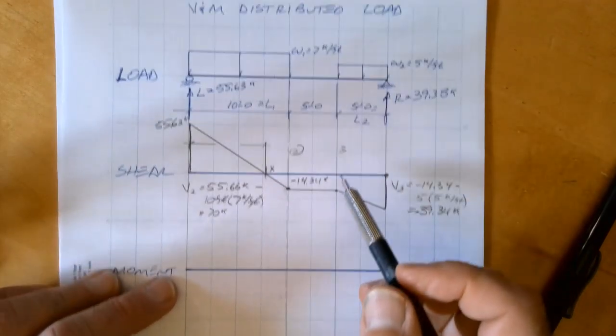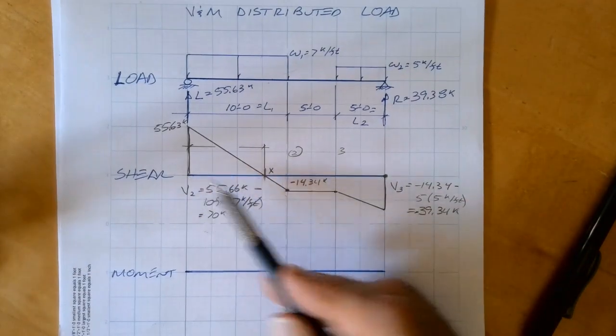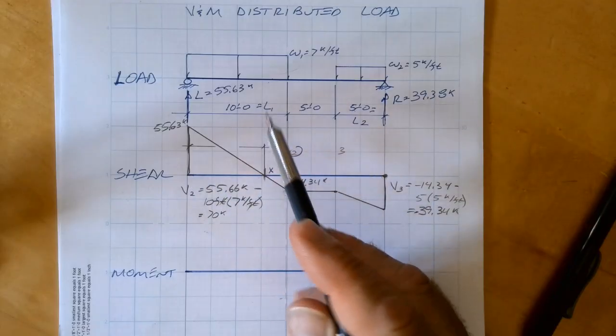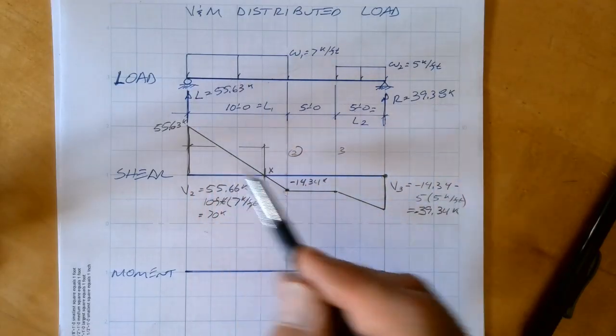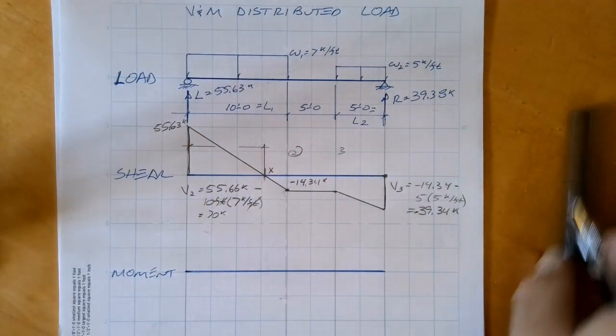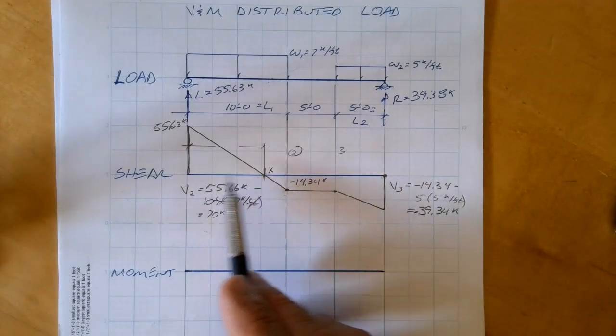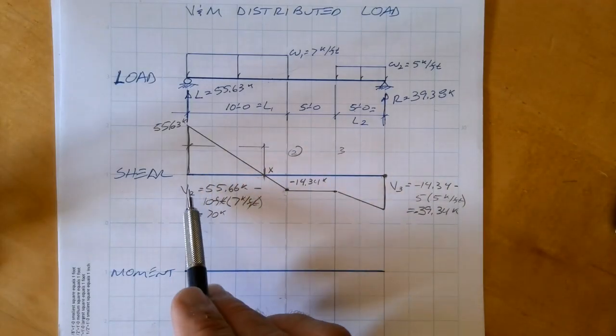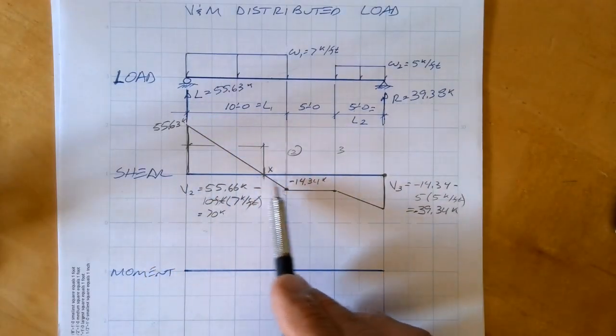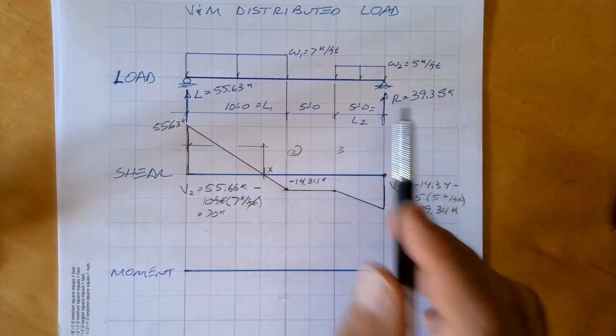So essentially at 7.95 feet away from the end of the beam, there's been enough distributed load to counteract the reaction. So it essentially says from this point to the left, that load ends up at the reaction here, and this load ends up at that reaction.